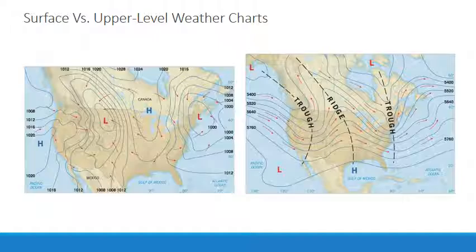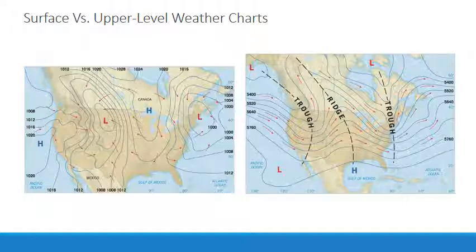But of particular interest is the 500 millibar chart, showing the circulation of the atmosphere at roughly 5,600 meters, or 18,000 feet. Because the 500 millibar pressure level is in the middle of the atmosphere in terms of mass, about half of the air is below that level, and half of the atmosphere is above it.